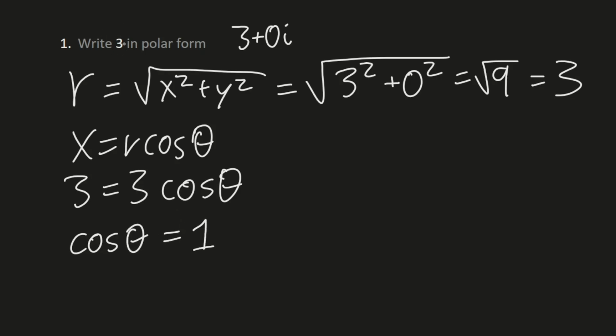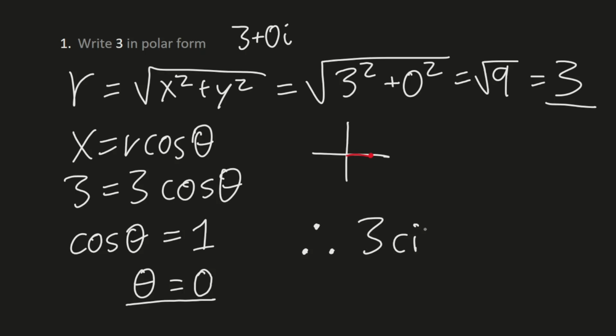We notice that if we graph this complex number, it's going to lie on the positive x-axis. And so that means if we're going to solve for theta here, theta is going to be equal to 0. Okay, so we have our angle or argument here, and we have our value for r, and so we can write this number into polar form. So it's going to be 3 cis 0.